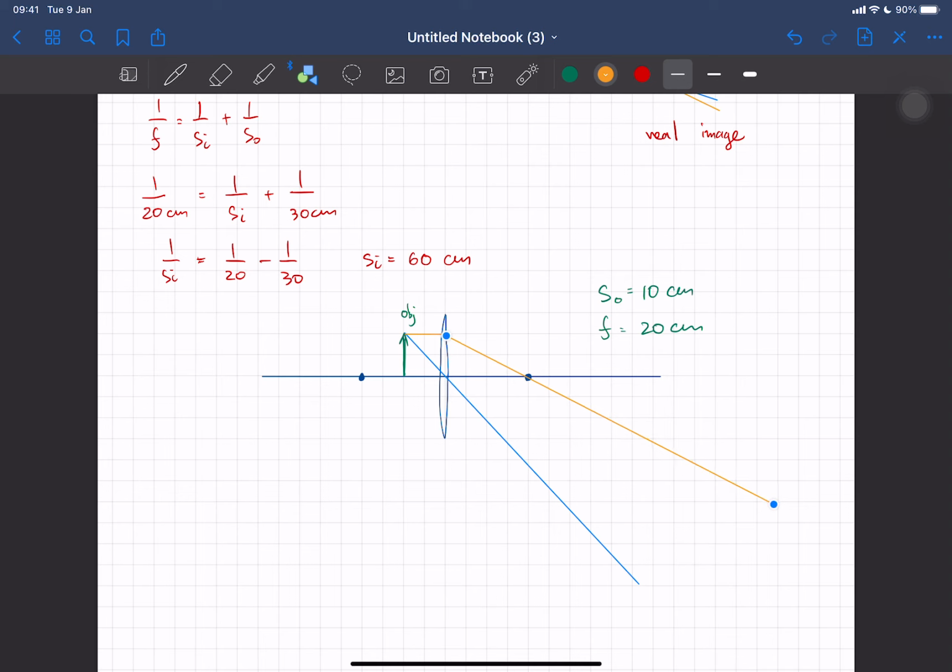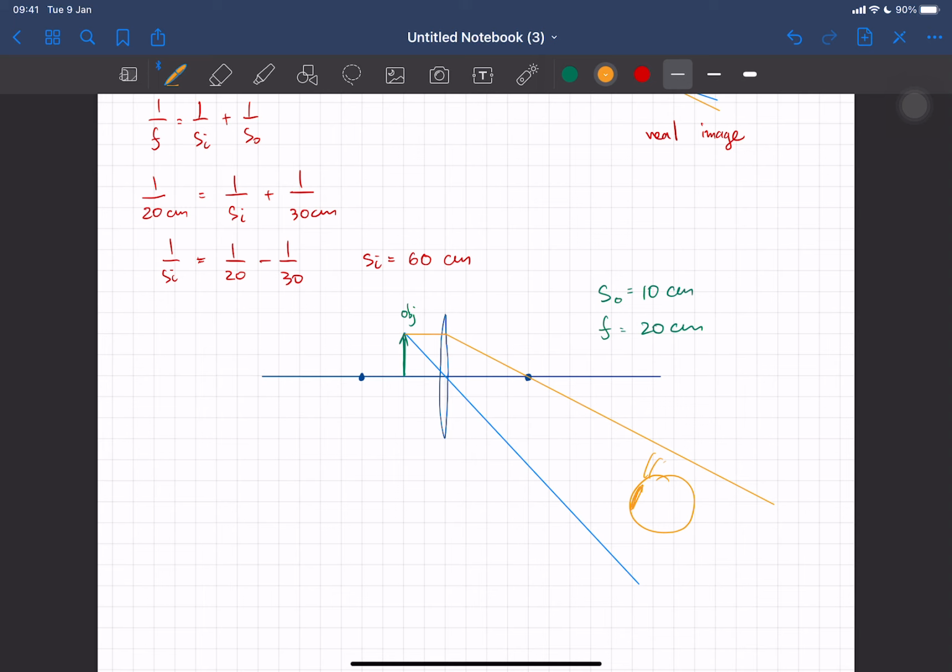So you see that these two lines will probably never meet at any point on the right hand side of the lens, right here, because they are going away from each other. So there's no intersection anywhere. But if you put your eyes here, you're going to see something. Why?